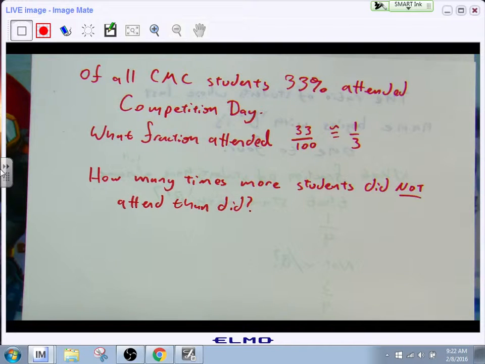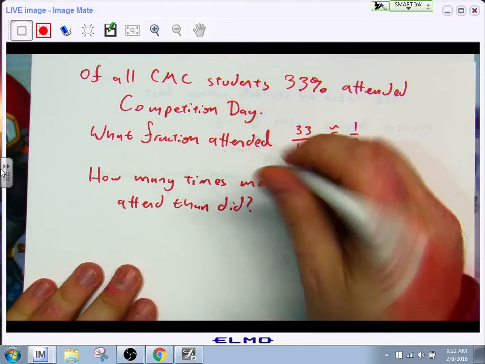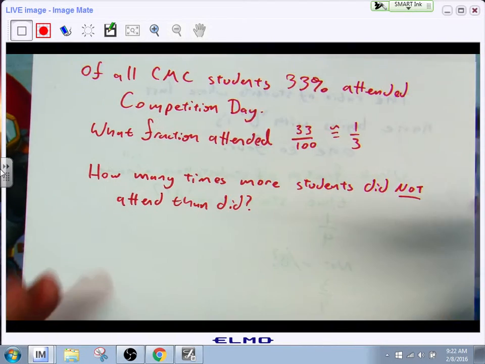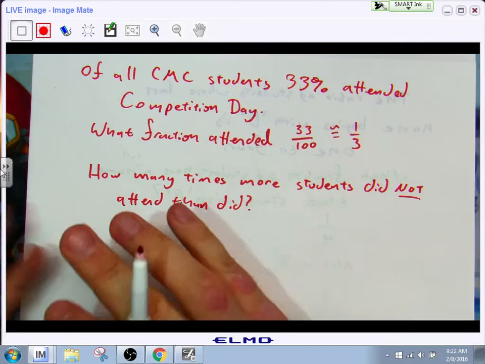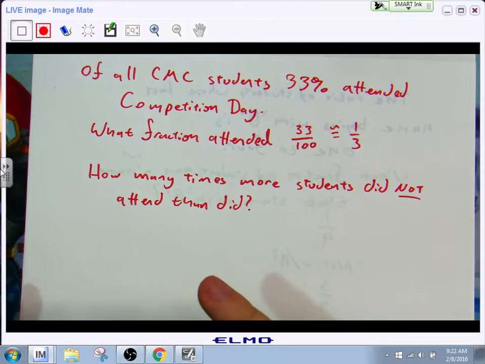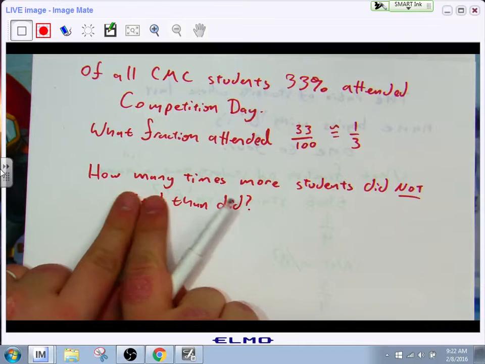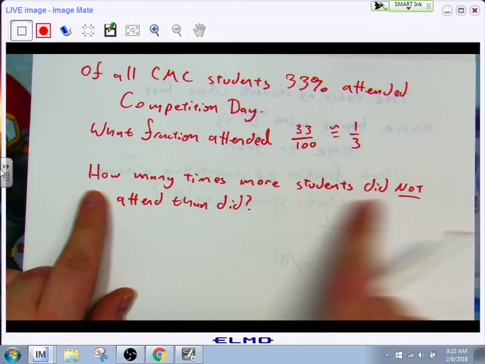Gracie? Yeah, so if I were to take the number of students that did attend and multiply it by some number, that would equal the number that did not attend. So think about this. How many times more students did not attend than did?